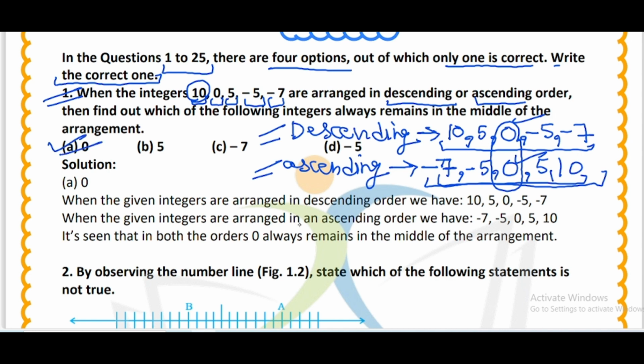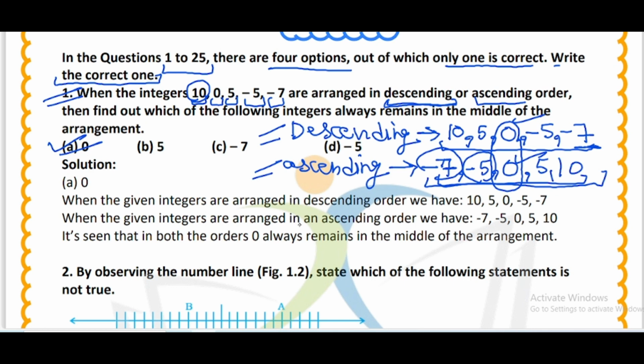Let's see what is given. The integers 10, 0, 5, -5, -7 are arranged in descending order. Then the descending order of these given integers is 10, 5, 0, -5 and -7. Then ascending order is -7, -5, 0, 5 and 10.